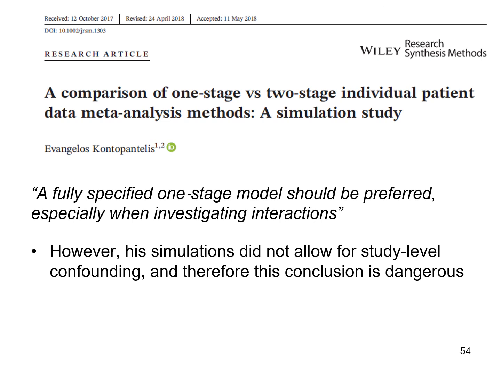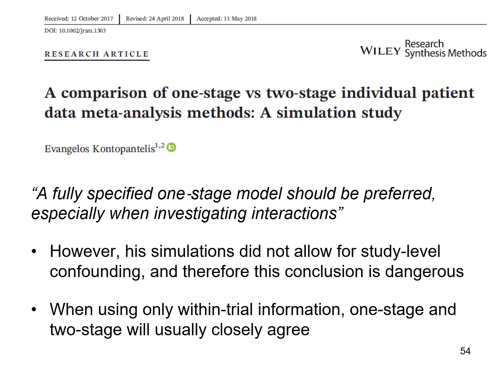In reality, that could well happen, and therefore he is inflating the benefits of a one-stage model there because you're going to get more power. So we don't agree with his recommendations for a one-stage model with interactions unless you centre your covariates, but then you get similar answers to a two-stage, as mentioned there.